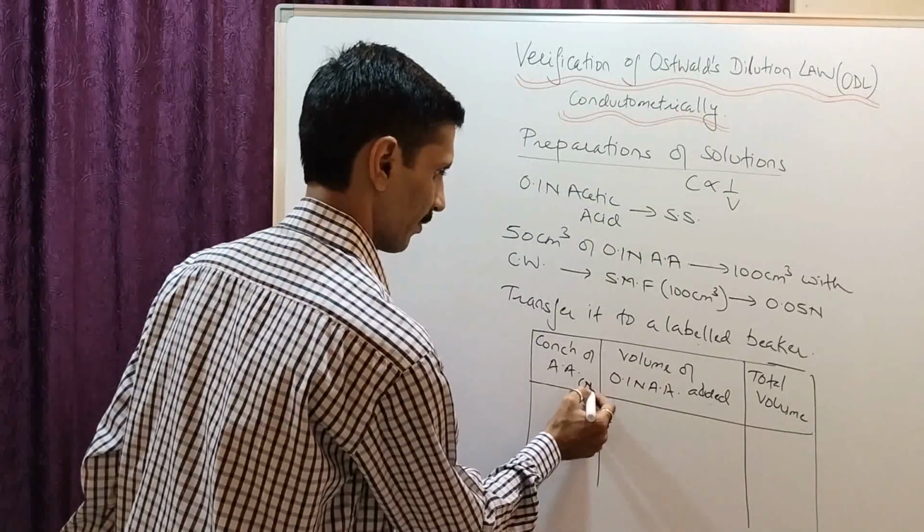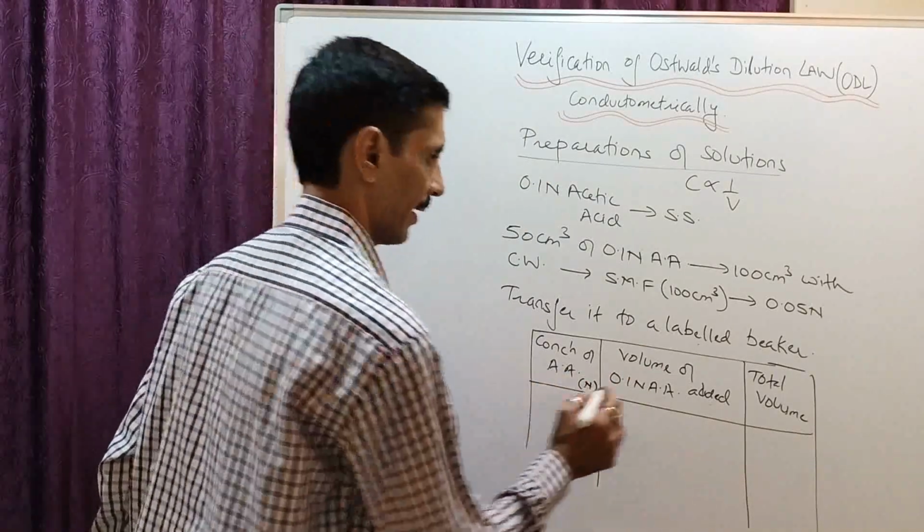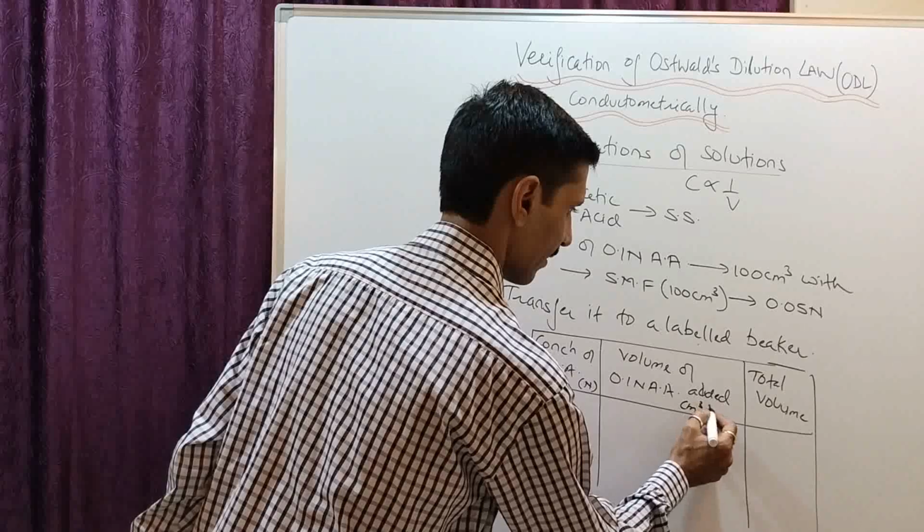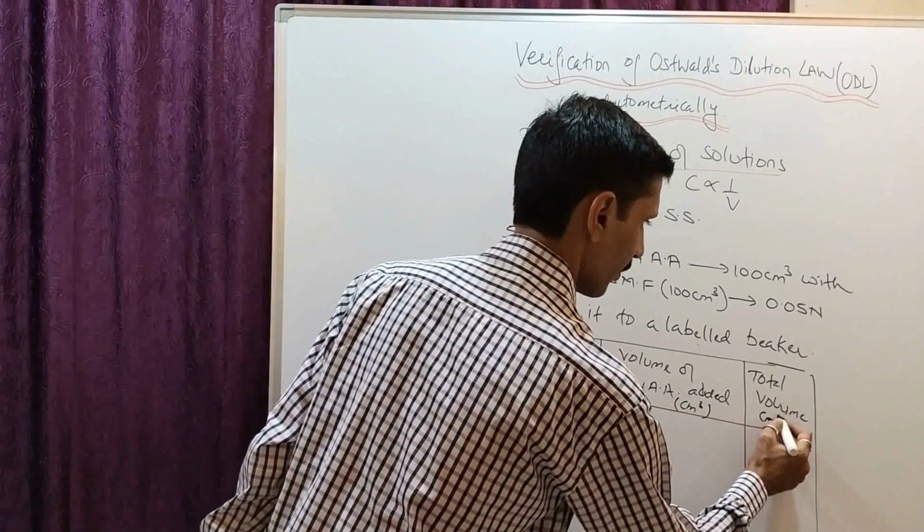The concentration of the acid is in normality. Volume is in cm cube. The total volume is in cm cube.